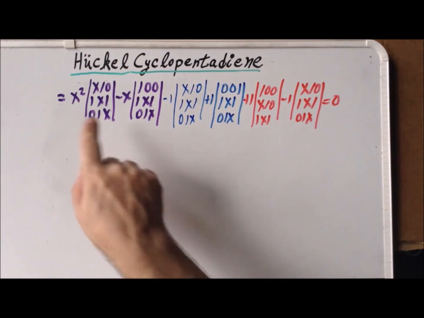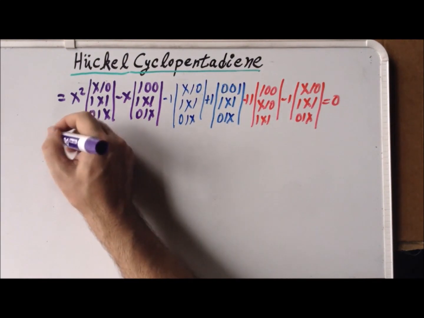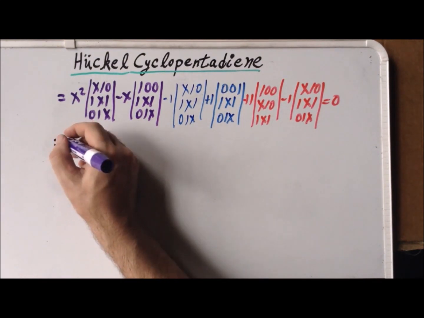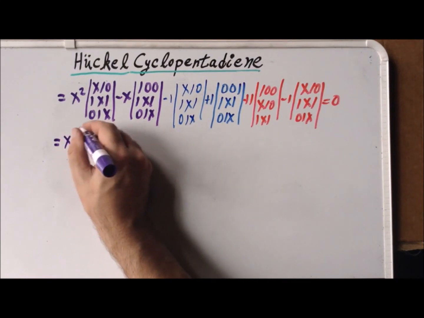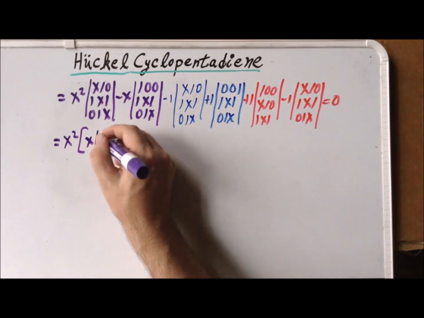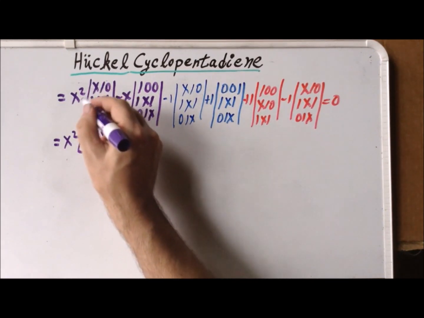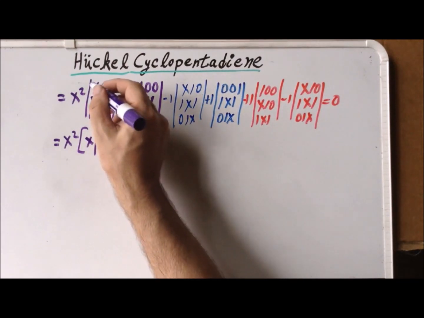Next, we expand the 3 by 3 determinants as a linear combination of 2 by 2 matrices, which gives the following terms. Our first coefficient is going to be x. Our second coefficient is a minus 1, because we alternate positive, negative.